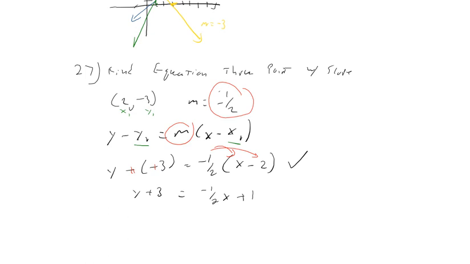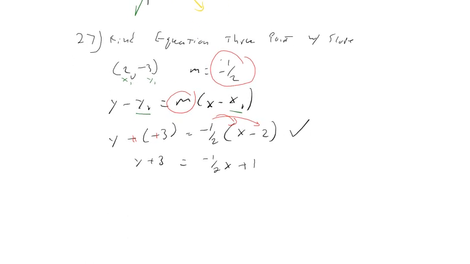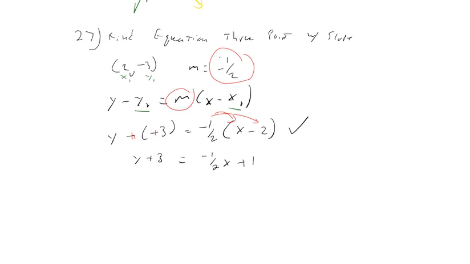So I've got y plus 3 equals -1/2 x plus 1. And then a -3 on both sides to simplify. I'm going to get y equals -1/2 x minus 2. And there's my equation.